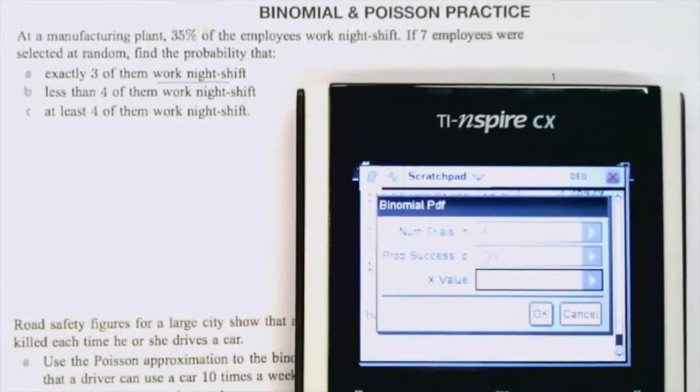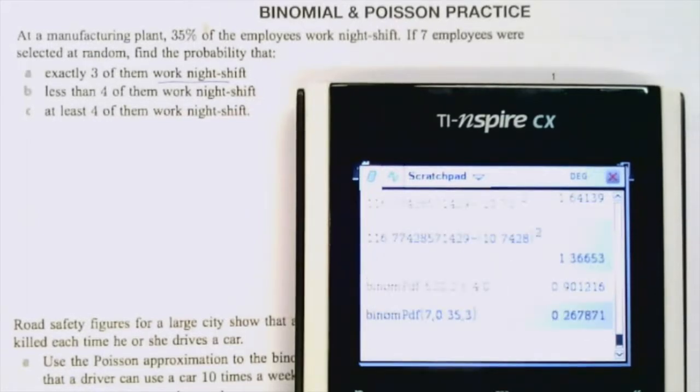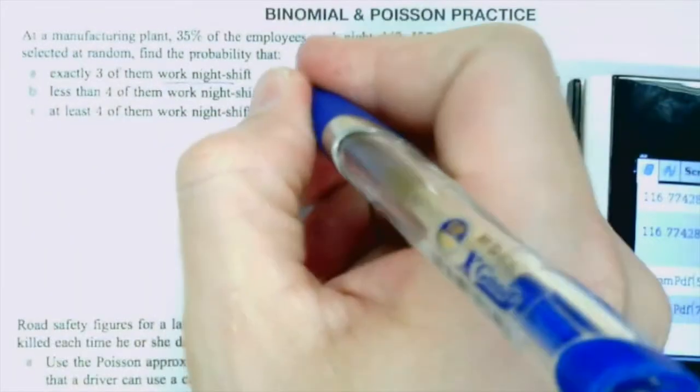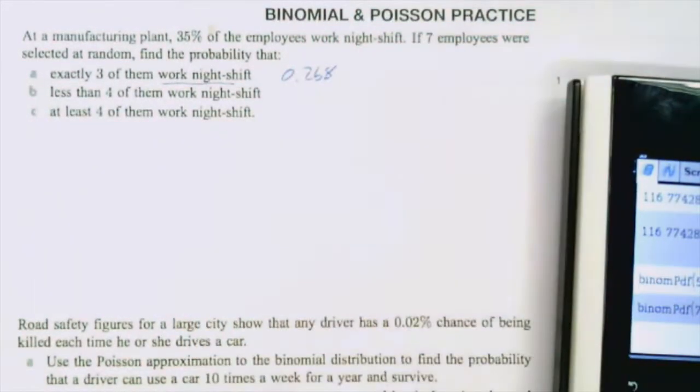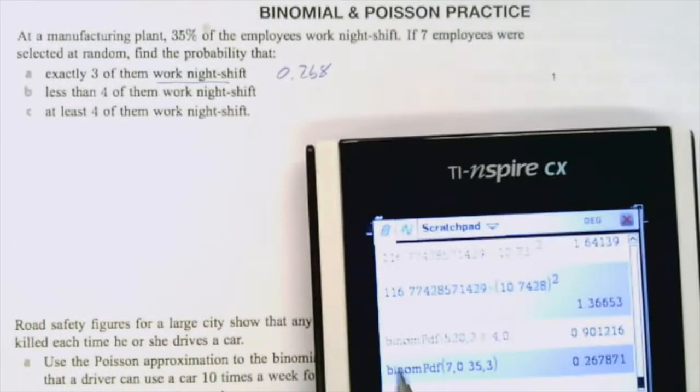Success here is defined as the night shift, so I want 3 successes. And when I push enter, it gives me the probability right here, 0.268. So I'm going to write that down. If I were doing this on an exam, I would make sure to write down this Binomial Pdf because it shows that I understand it's a binomial distribution and that there are 7 trials. Okay?